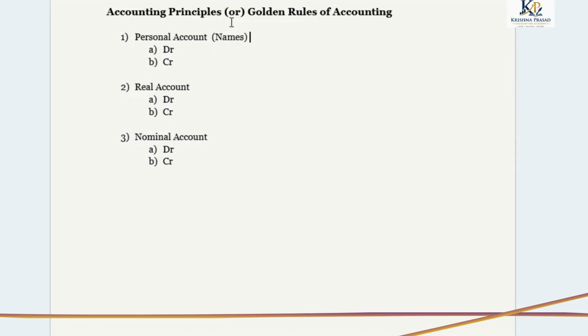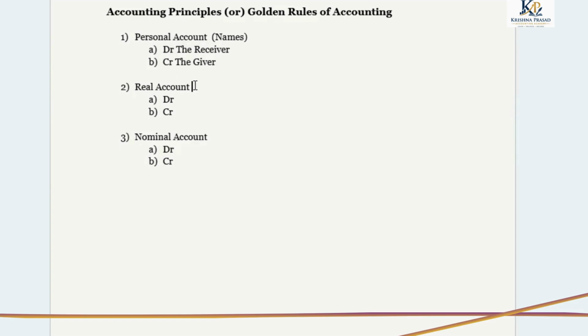It can be any type of name, like person names, bank names, institution names, company names, organization names. And the personal account principle is: debit the receiver and credit the giver. Did you match with the dual aspect system? Receiving aspect and giving aspect. So those who are receiving, debit, and those who are giving, credit.